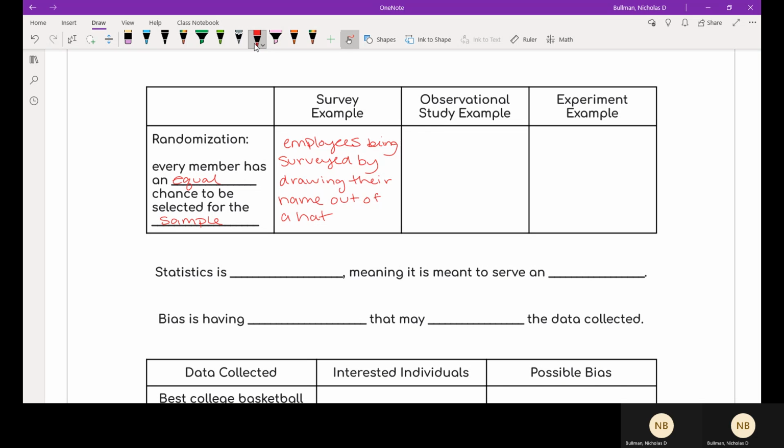So in order to implement randomization, you would have to randomly choose the participants to be observed.